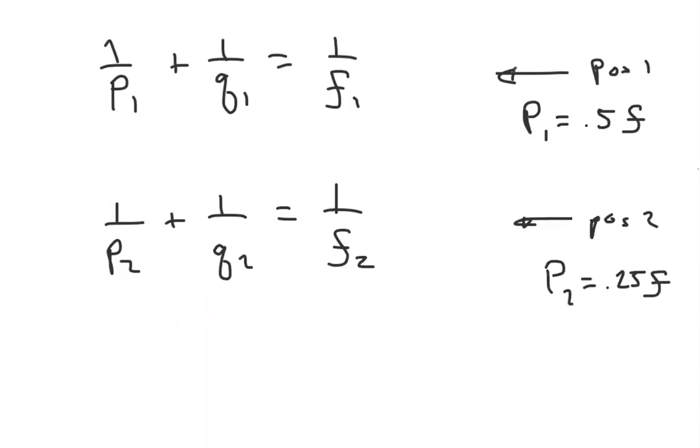So, okay. I mean, we can go through that. We know we're looking for Q1 in here, right? We do have P1, so that's a good thing, right? So we really just have one unknown in this equation.